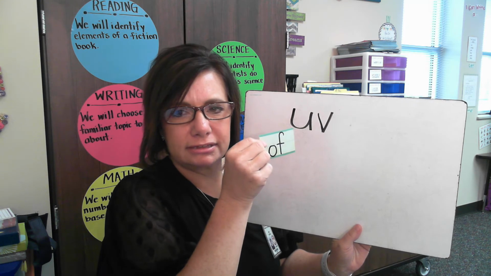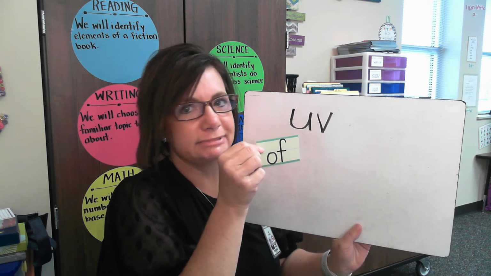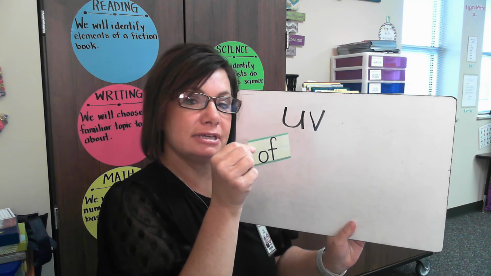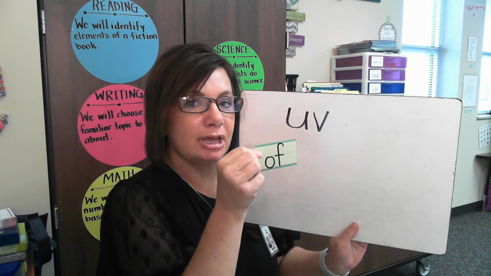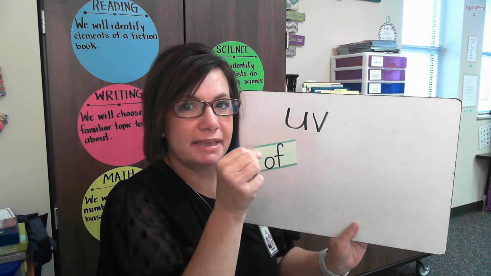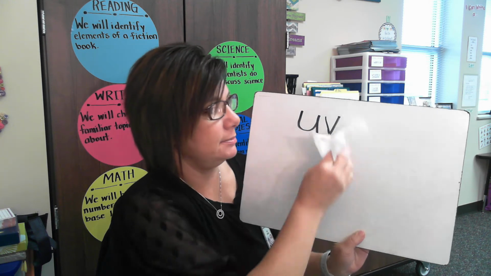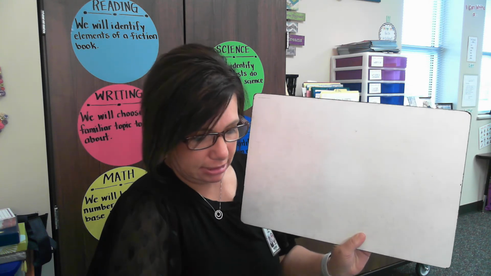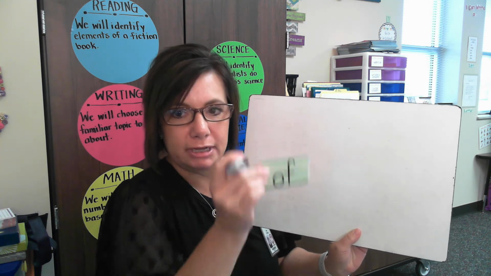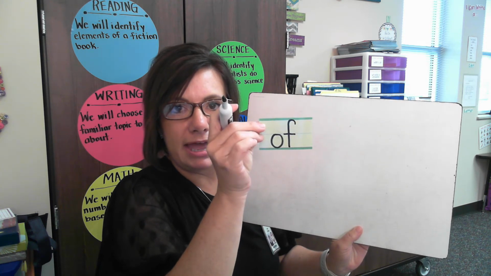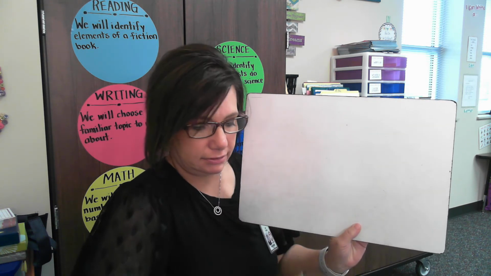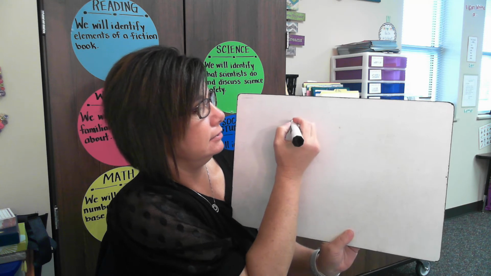Does that look like the word of? It doesn't. It's how it sounds. That's why sight words are hard to spell, because sometimes they don't look the way they sound. So let's take this away because that is not correct. And let's make sure we spell it the correct way. O-F, of.